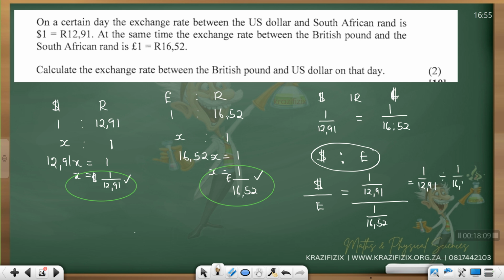And remember, I want you to see something that we are going to get to here. So we are actually going to get to 16,52 over 12,91. Somebody give me an answer.